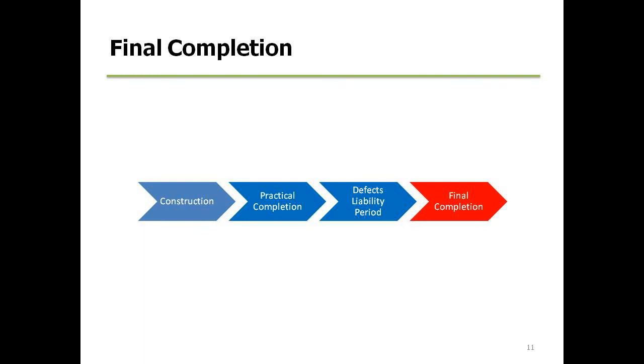This is an extremely important time in the contract, as this is when retentions and all bank guarantees are going to be released. The final account, which makes up all the variations on the project and any cost adjustments, is now finalised, and it's extremely important because now the builder has no more contractual obligations on this project.